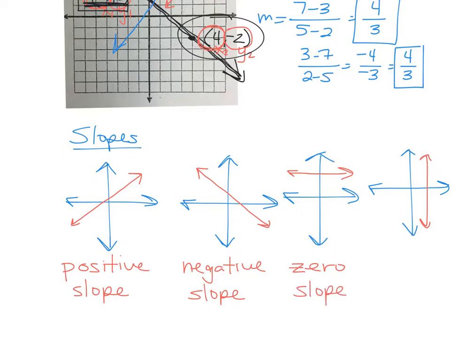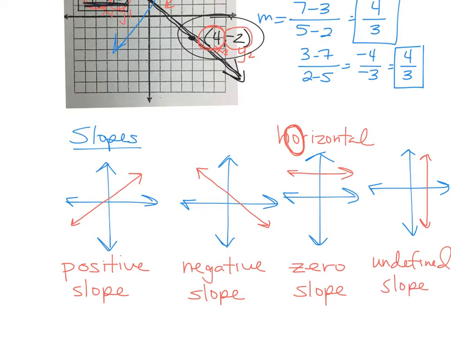Here's how I often tell people to remember it. This is a horizontal line, right? And the word horizontal has essentially a 0 as its second letter, right? O and 0 look a lot alike. So I always tell people, try to remember it that way. Horizontal has a slope of 0, and then vertical has an undefined slope.